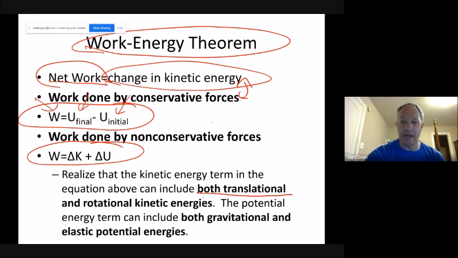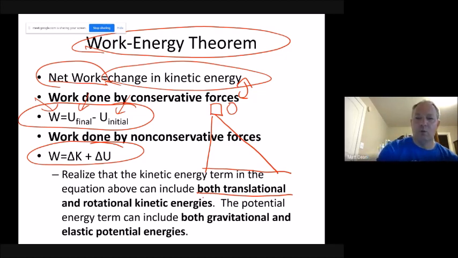So for example, if you had an inclined plane and you had a box up here, and you also had some kind of rolling object, like a wheel, and you let them both roll down that plane at the same time, you might be asked a question: which one makes it to the bottom faster? Or which one is moving fastest when it gets to the bottom? Well, if you let them both go at the same time, and you assume the friction acting on both is the same, the box is going to make it there first.